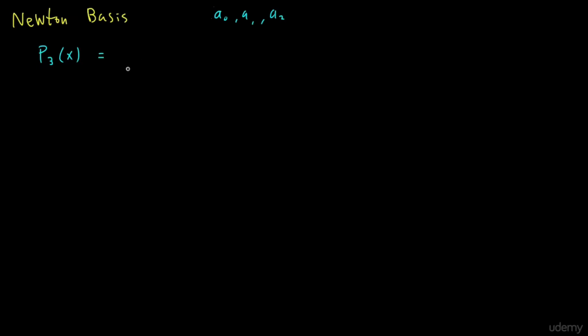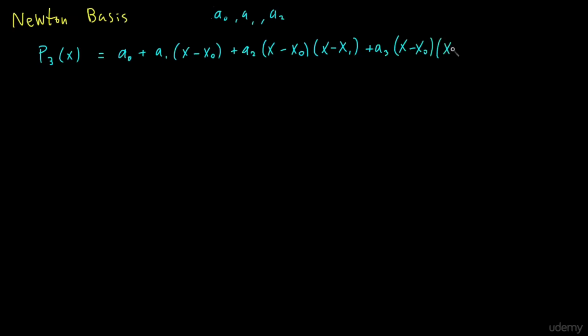So with the Newton basis, we rewrite the polynomial as follows. We say that it is a0 plus a1 times (x minus x0), plus a2 times (x minus x0)(x minus x1), plus a3 times (x minus x0)(x minus x1)(x minus x2), like so.